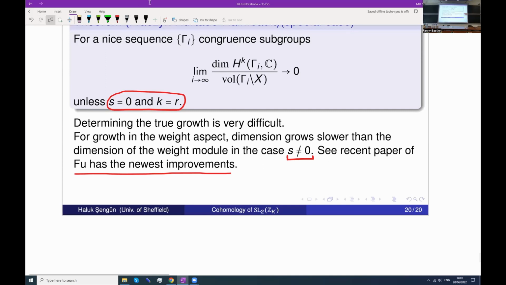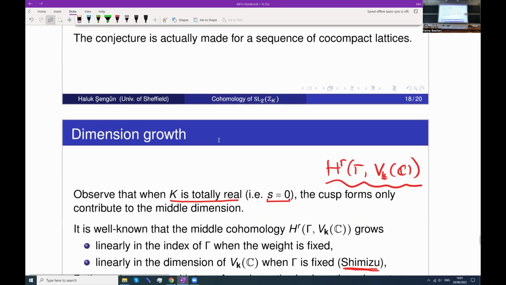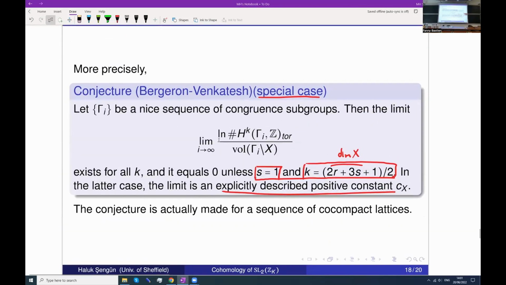I have a question. Can you go back to the conjecture by Venkatesh and, I forgot, Bergeron? Is this only for SL2?